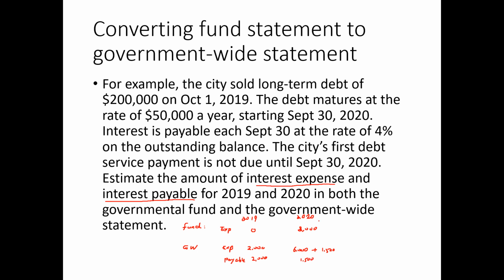So for 2020, government-wide interest expense will be $7,500 and interest payable will be $1,500. Right?